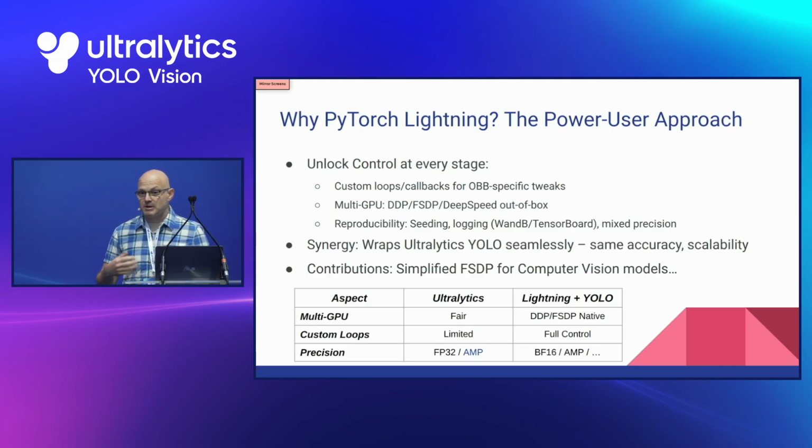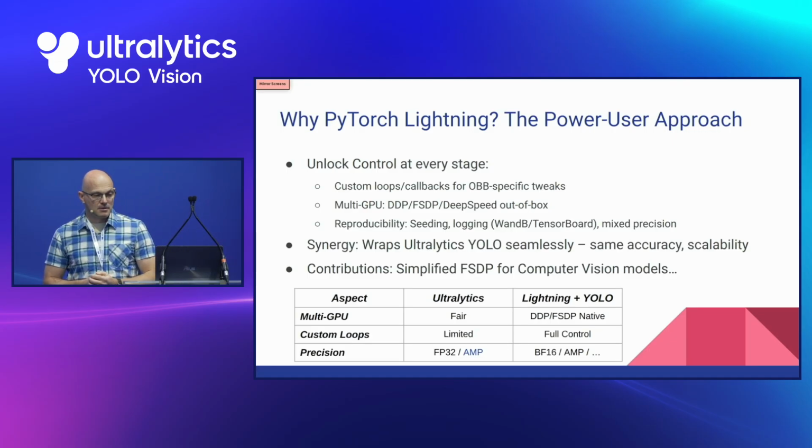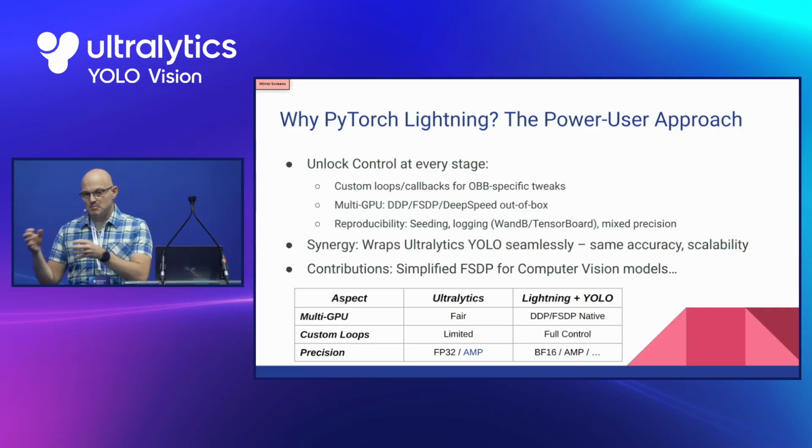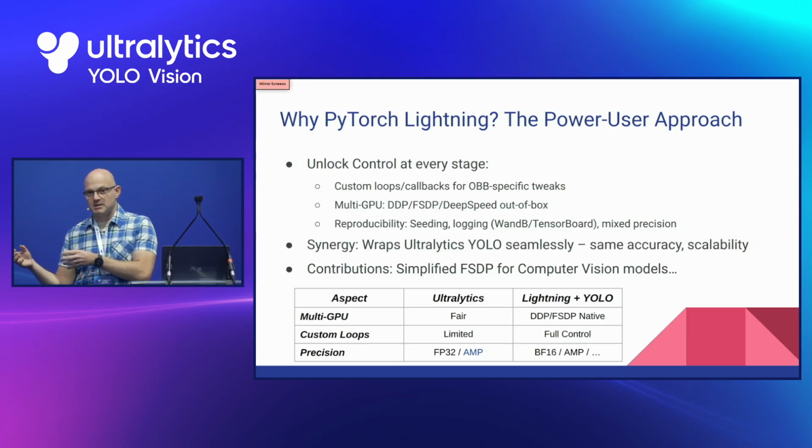It's also open source, so anyone can use it, read it, and learn how we do it. I hope I did the small table on the bottom correctly. YOLO Ultralytics already has all those capabilities, but they are kind of boxed with certain parameters, which is important if you want to reach good results and guarantee them.